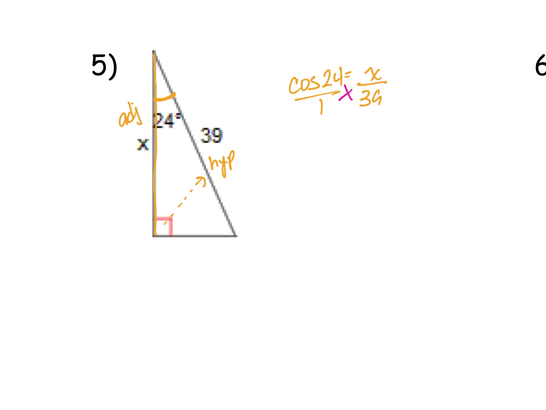Cross multiply, and I get x equals 39 cosine of 24, which is 35.6. Kind of makes sense.